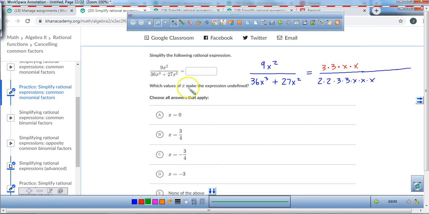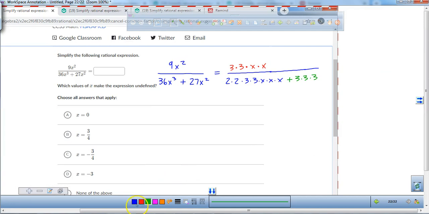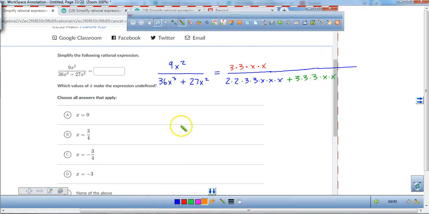And last but not least, 27 can be broken down into 3 times 3 times 3, that's 27. And x squared is broken down into simply x times x.